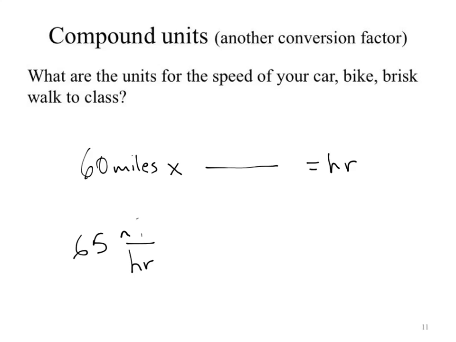Do we have a conversion factor that relates hours to miles? What's that conversion factor? 1 hour, 65 miles. We now have how long it took to get here. Okay? We'll come back to compound units and work with that a little bit more next week.